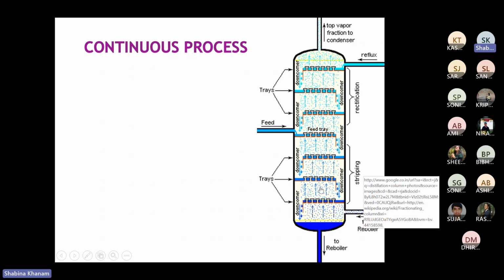You can resemble this with a baffle. Remember, a baffle is attached to the inner periphery of the shell. In a similar line, this plate is attached to the inner periphery of the column. Here I have one plate, this is the second plate, this is the third plate.